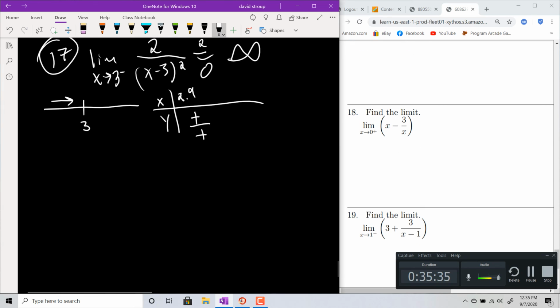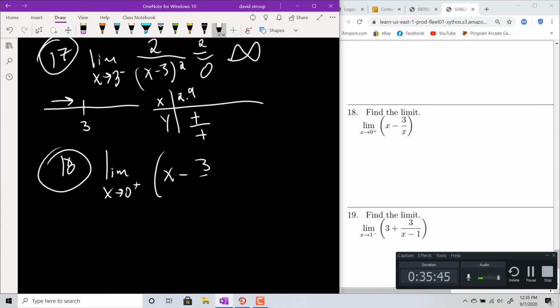Okay, number 18 is kind of the same idea, but a little different. We have the limit as x goes to 0 from the right of x minus 3 over x. In addition to the L over 0 and 0 over 0 forms, we also have these L minus infinity, L plus infinity, and infinity minus L forms. So this is L minus some sort of infinity, right?